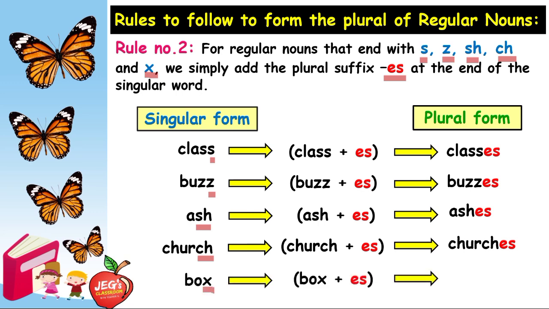Box plus es becomes boxes. As you can see, in these examples, we simply add an es at the end of each word to make it plural. And as you can notice as well, the spelling of each regular noun or word remains the same even after transforming it into its plural form.